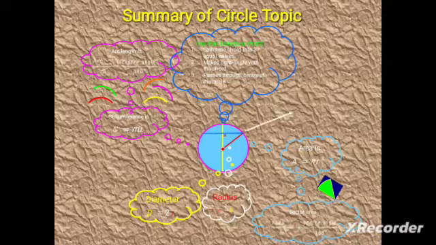Another part of the circle summarized is the semicircle. The diameter subtends an angle of 90 degrees at the circumference of the circle. Also, we can say that a semicircle subtends an angle of 90 degrees to the circumference of the circle.